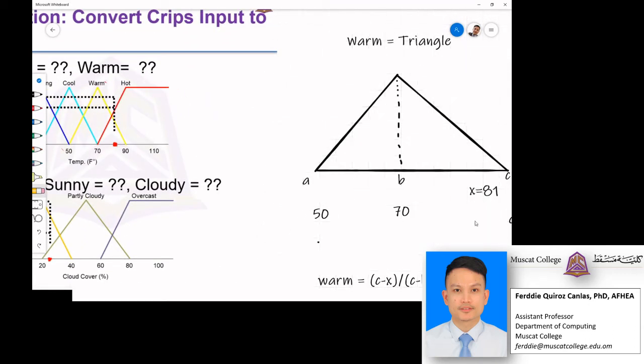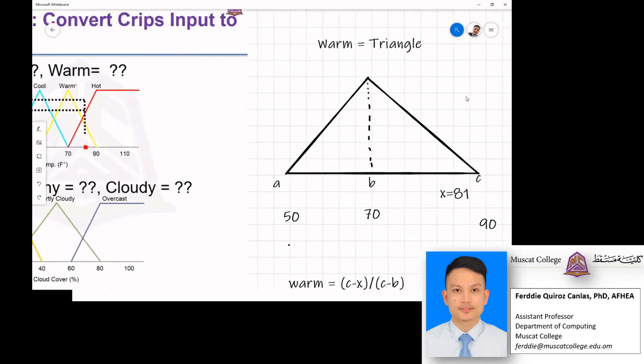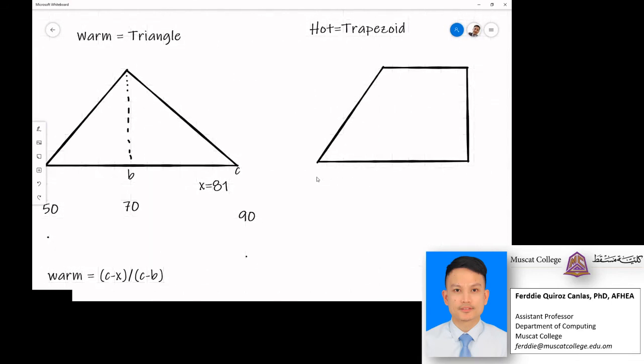So let me draw our trapezoid. Okay, so these are trapezoids. Let me just do a drawing in here. So based on the given, we have 70, 90, and 110.